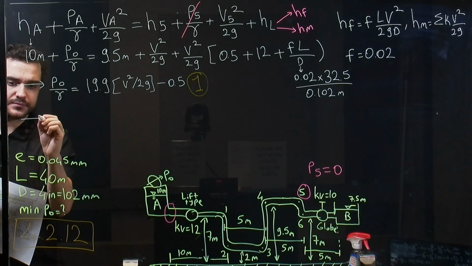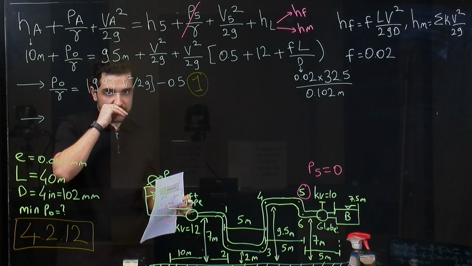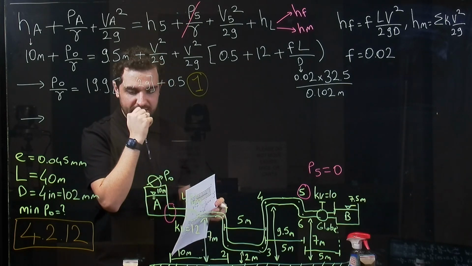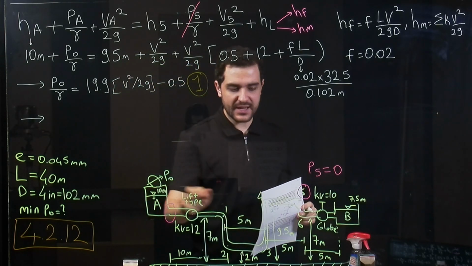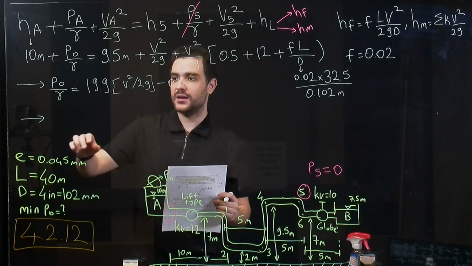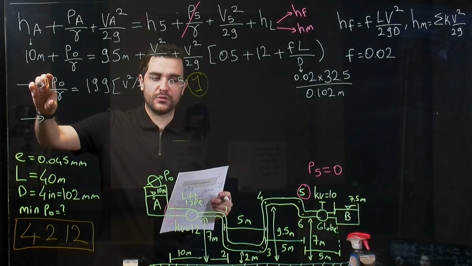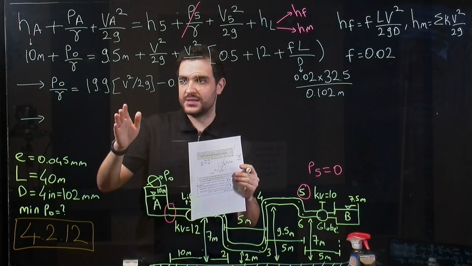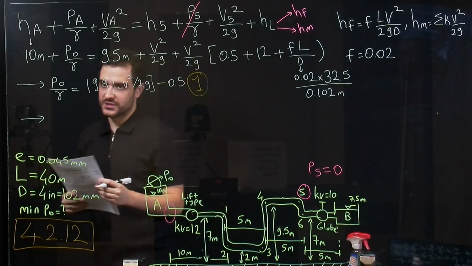Okay. Since we still don't know the velocity in the pipeline, we can write another equation between point A and point B, so that we can eliminate something, and we will get same PO over gamma equation, so that we can equalize each other, so we can get the velocity.